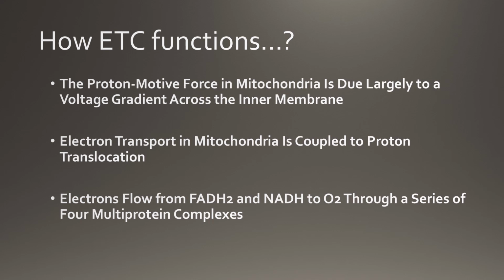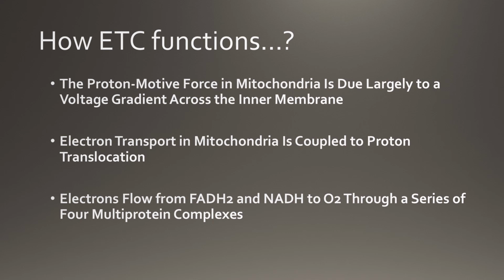And next, electrons flow from FADH2 and NADH to oxygen through a series of four multiprotein complexes. We now examine more closely the energetically favored movement of electrons from NADH and FADH2 to the final electron acceptor, O2. In respiring mitochondria, each NADH molecule releases 2 electrons to the respiratory chain.